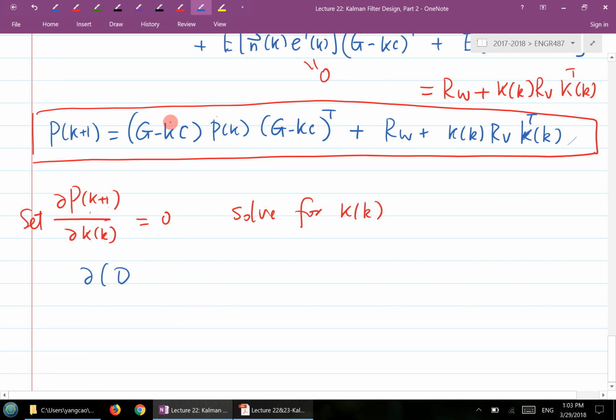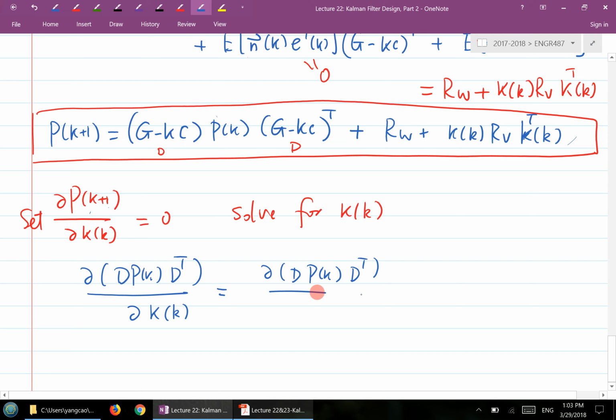If I call this capital D, for example, then it's partial of D P of k D transpose over partial k. For the partial derivative I use the chain rule: calculate with respect to the variable D first, and then D with respect to k. We did the first one in optimal control.